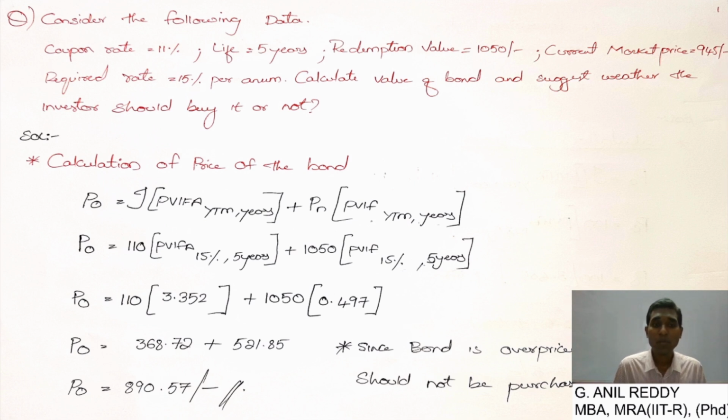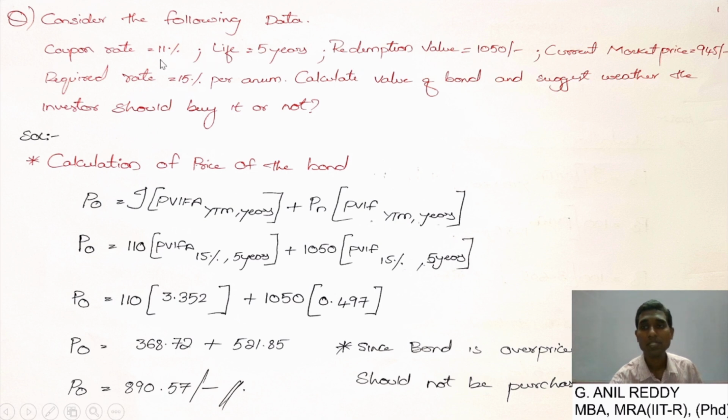So for the calculation of the price of the bond, you know the formula. P0 is equal to I into PVIFA(YTM, years) plus PN into PVIF(YTM, years). Here the interest is 110, that is 11% on the bond.